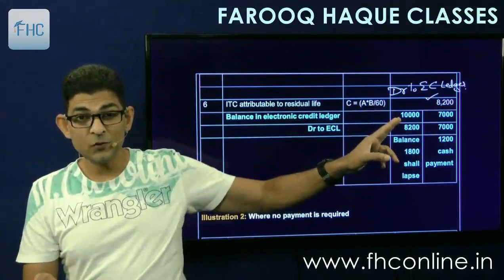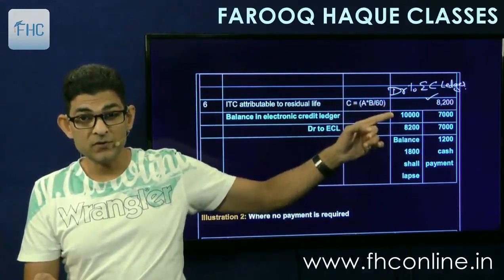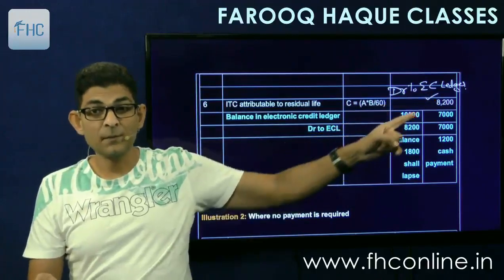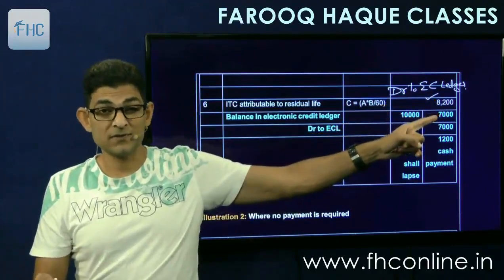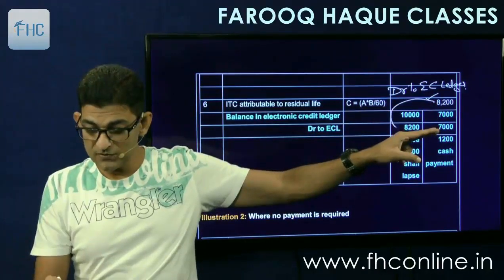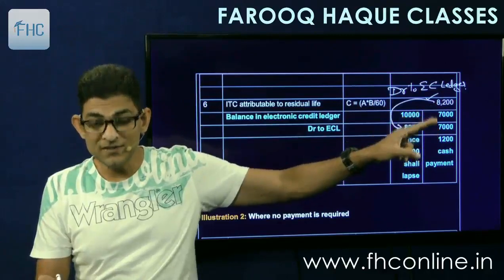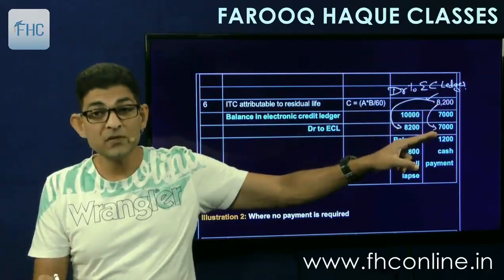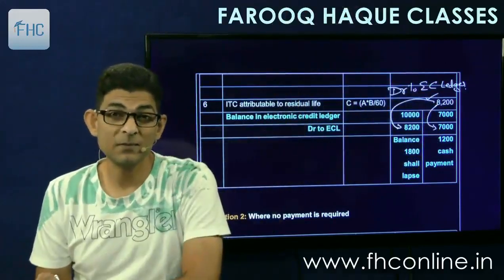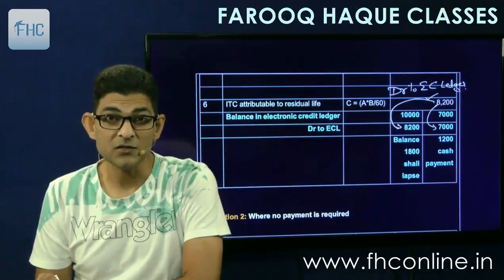If the balance in electronic credit ledger is more, say 10,000, then I will debit the whole 8,200 here. But if the balance itself is 7,000, then I can debit only 7,000 here. So in this case I am debiting full 8,200, but in this case I can debit only 7,000, and the balance 1,200 will have to be debited to electronic cash ledger.